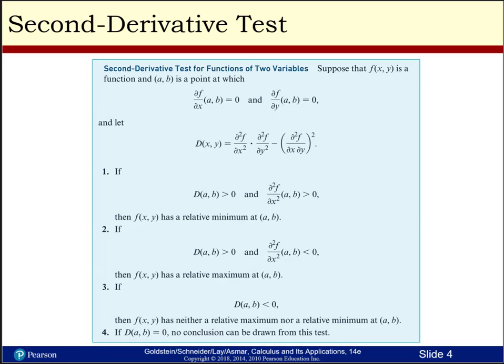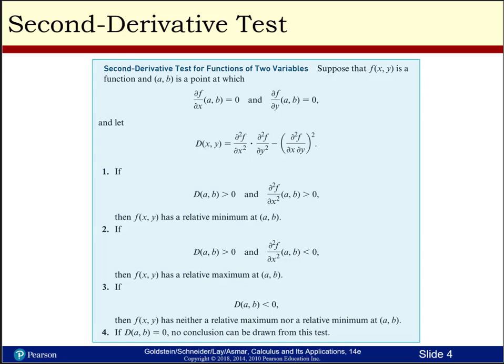Now we have a second derivative test for functions of two variables. Suppose that f(x,y) is a function and (a,b) is a point at which the partial of f with respect to x at (a,b) is 0 and the partial of f with respect to y at (a,b) is 0.